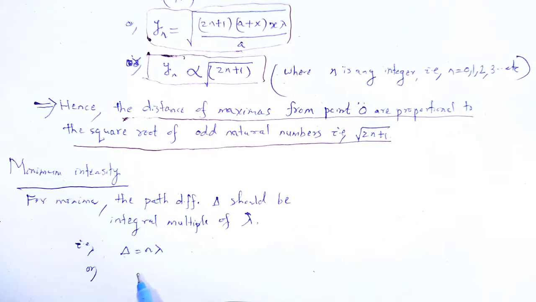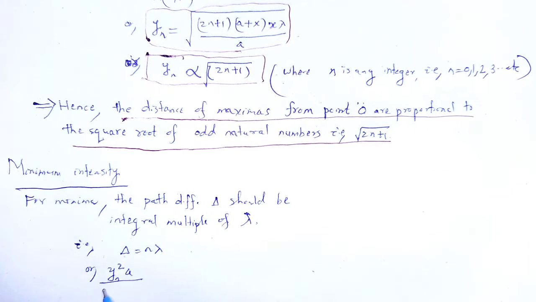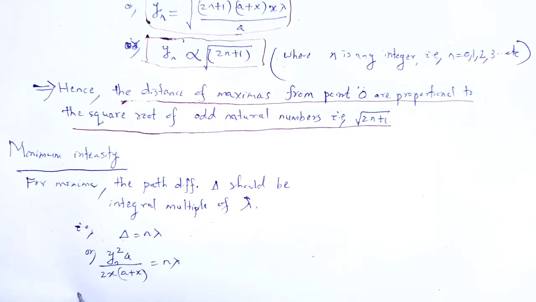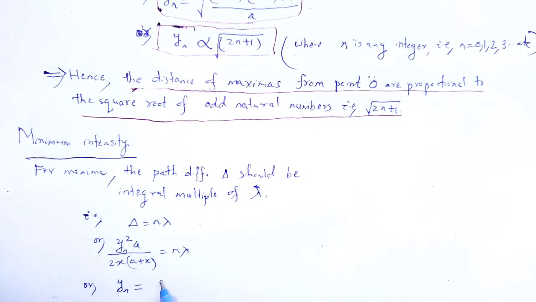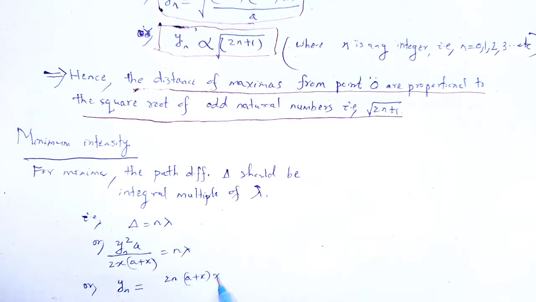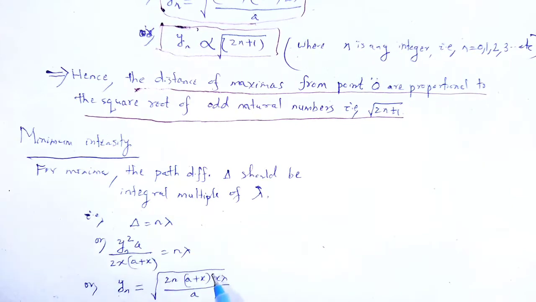For the nth term, delta is equal to yn square a divided by 2x(a plus x), which is equal to n lambda, or yn is equal to under root of 2n(a plus x) x lambda divided by a.